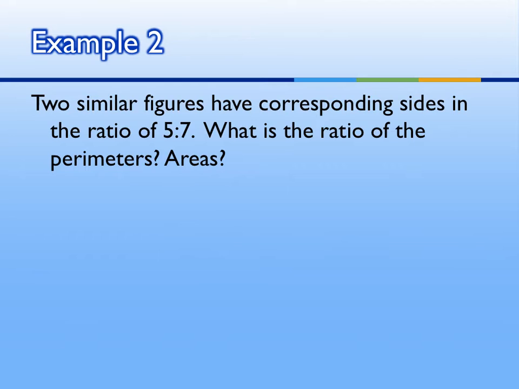All right, example 2 says 2 similar figures have corresponding sides in the ratio of 5 to 7. What's the ratio of the perimeters and what's the ratio of the areas? So if my scale factor, or the corresponding sides, are 5 to 7, what's the ratio of the perimeters?